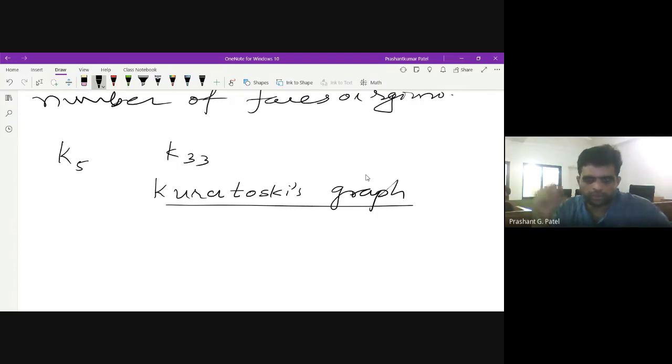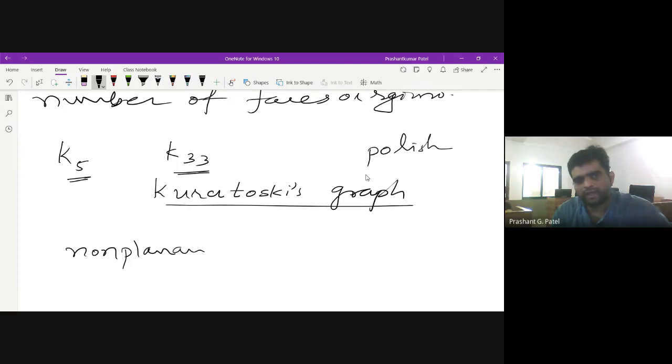Kuratowski was a Polish mathematician, and he proved that K5 and K3,3 are non-planar graphs.